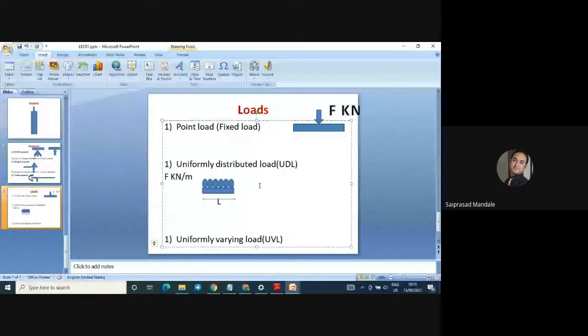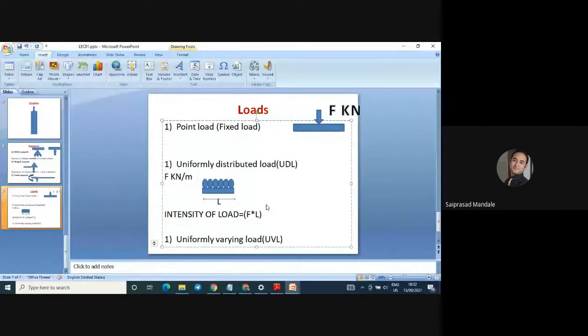The intensity of the loading will be equal to F into L.